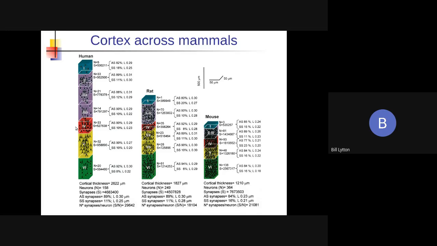I get in trouble for some reason with Gordon Shepherd Jr. for saying canonical model. This is a Douglas and Martin notion that became very popular. Projection into layer 4, particularly for sensory cortex, projection up from layer 4 to layer 2, 3, projection down from layer 2, 3 to layer 5, being a canonical pattern of connectivity, which does seem to be true, but is a very simplified view.